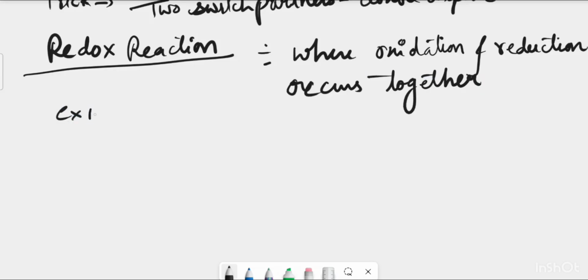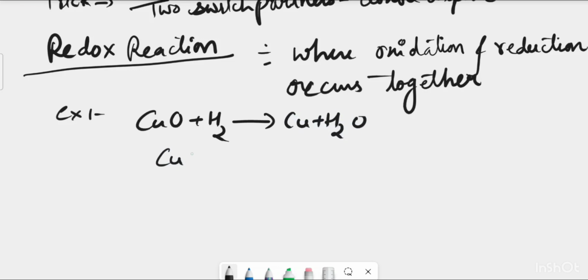Example: CuO plus H2 to form Cu plus H2O. What is happening here? CuO is reduced to Cu and H2 is oxidized to H2O.